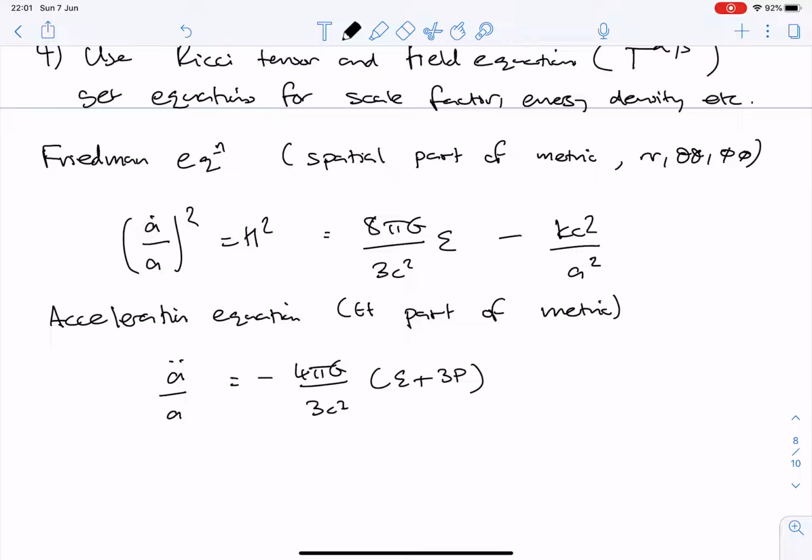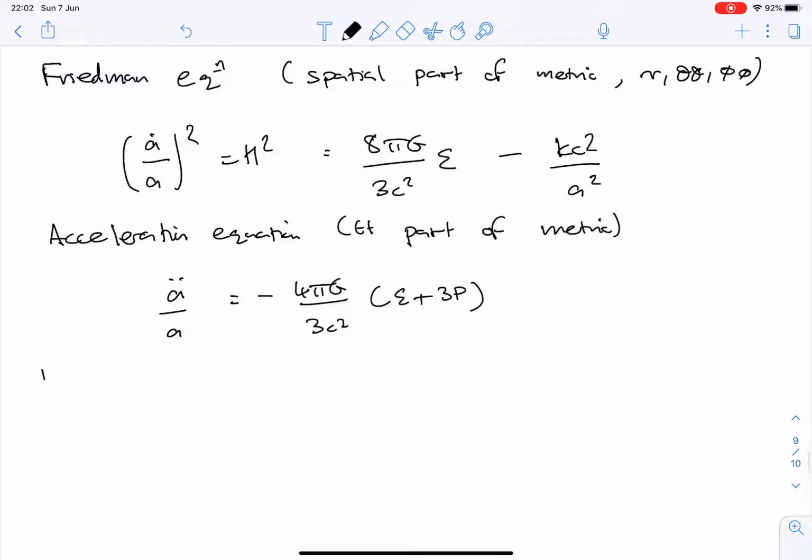And then we have the fluid equation, which you can get in a couple of ways. Essentially what you can do is take just the time derivative of the Friedmann equation and substitute in for a double dot from the acceleration equation.